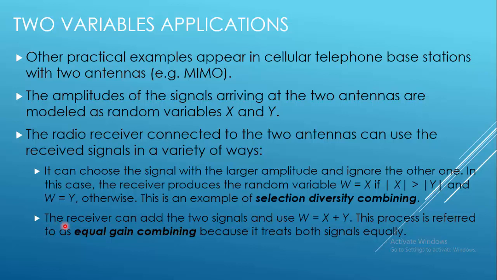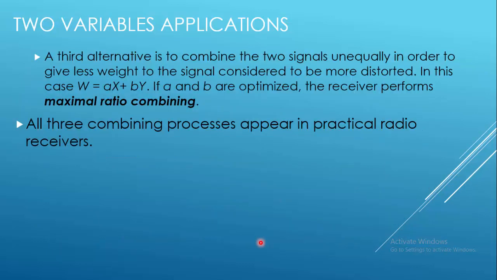The other way is that the receiver can add the 2 signals and use w equal to x plus y. This process is referred to as equal gain combining because it treats both signals equally. A third alternative is to combine the 2 signals unequally in order to give less weight to the signal considered to be more distorted.